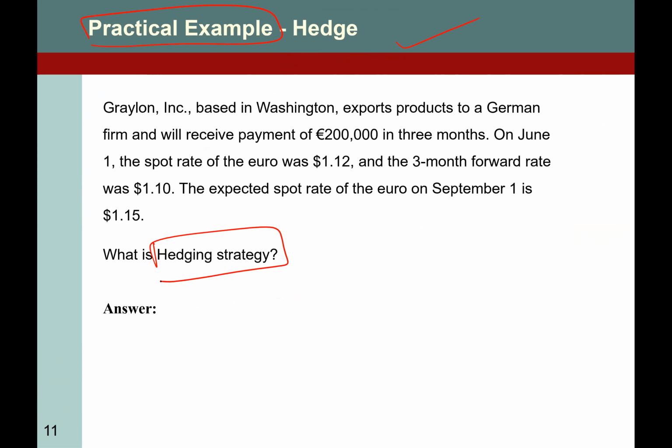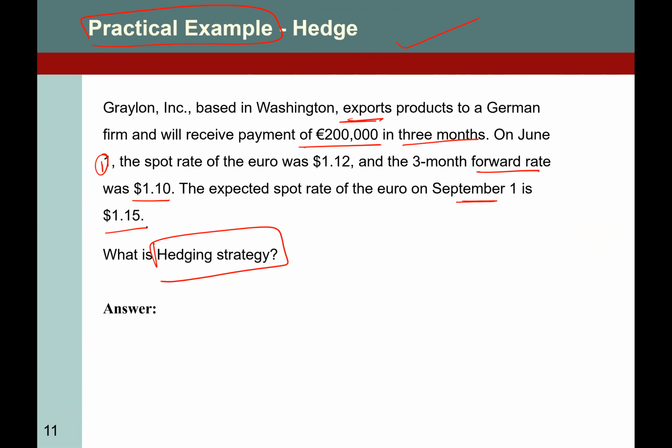Gray Lawn Incorporation, based in Washington, exports product to a German firm, and will receive payment of 200,000 euros in 3 months. On June 1st, the spot rate of the euro was $1.12, and the 3-month forward rate was $1.1. The expected spot rate of the euro on September 1st is 1.15.